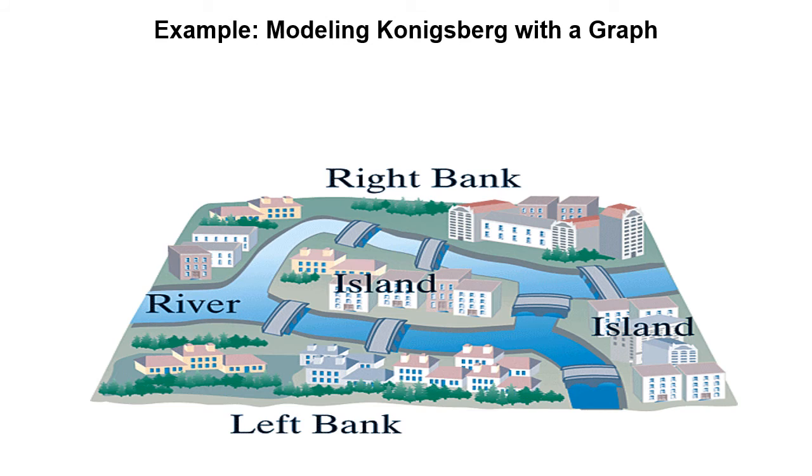We have the Konigsberg map, and we can model this map with a graph. We're going to represent the islands with vertices. And if two islands share a bridge, we can draw an edge between these two vertices.